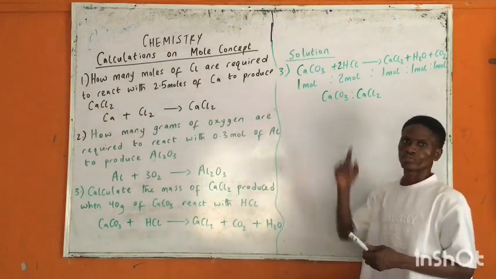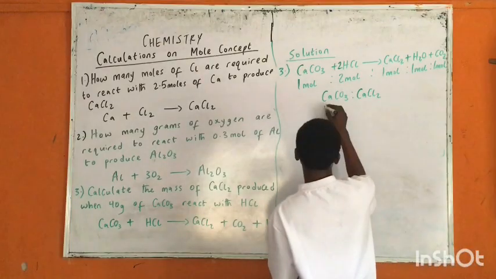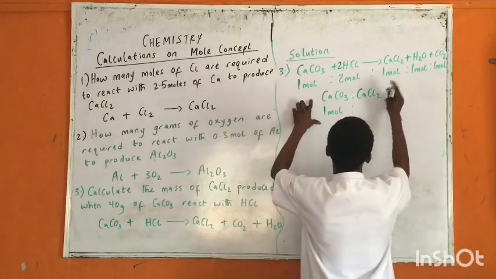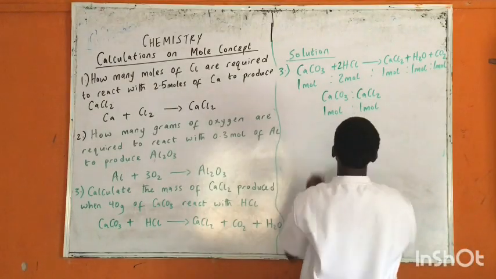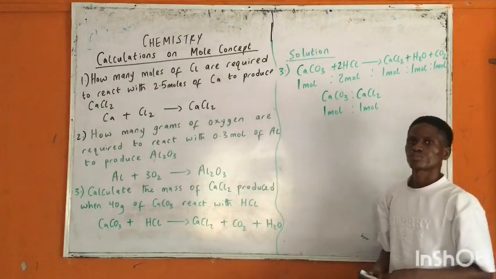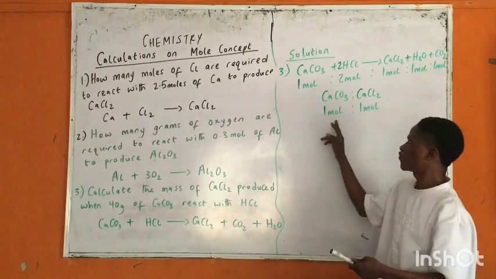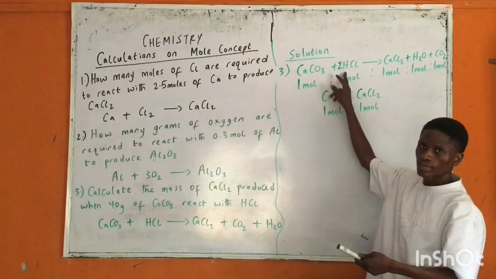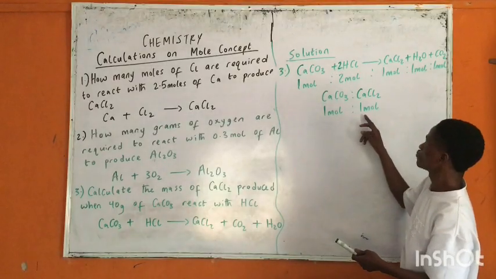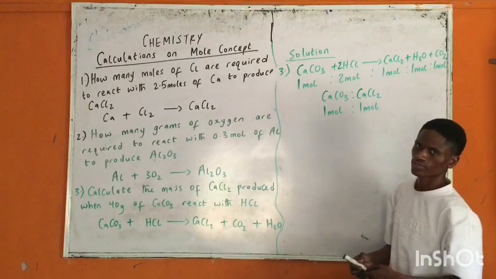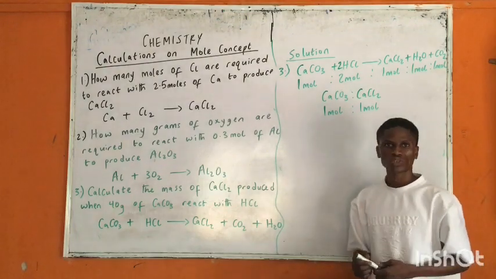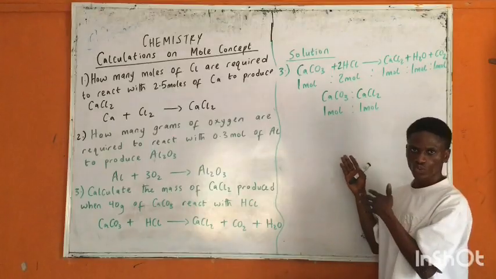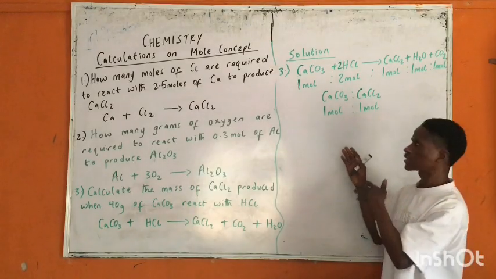So from the equation now, we have 1 mole of calcium carbonate reacting with hydrochloric acid to produce 1 mole of calcium chloride. Now the question, we will leave this one as mole.